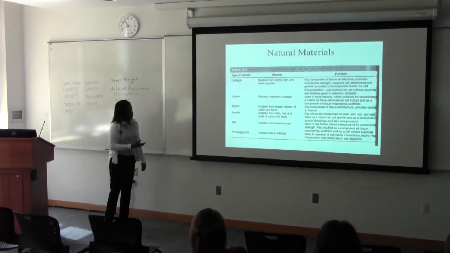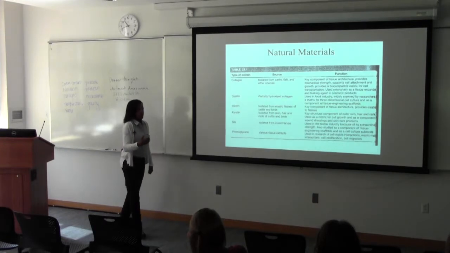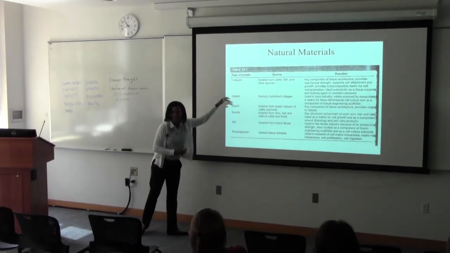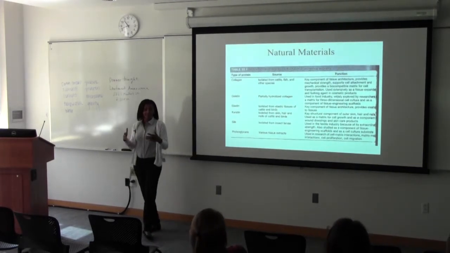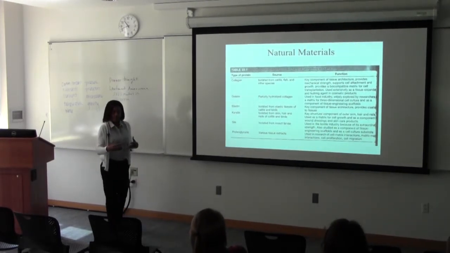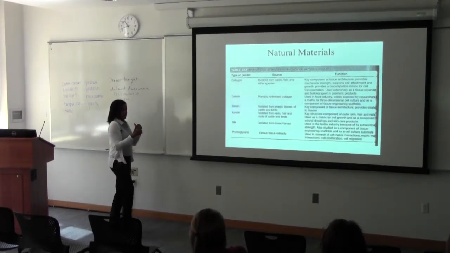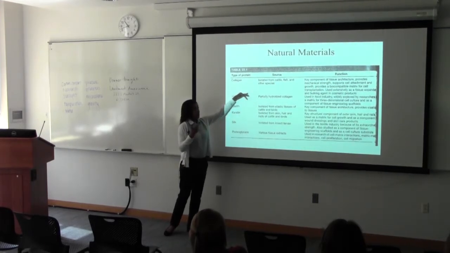So here's a list of natural materials that people have worked with or are commercially available. And at the top of the list, really, because it is used a lot, whether it's in therapeutic or in vitro, is collagen, and gelatin. Again, why? We'll get into that in more detail.